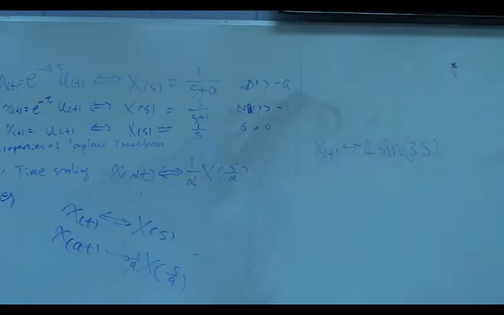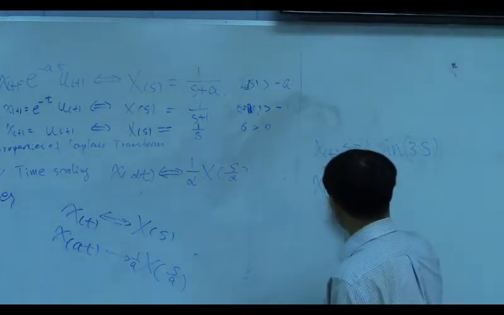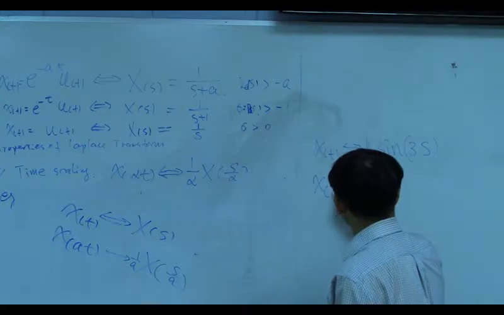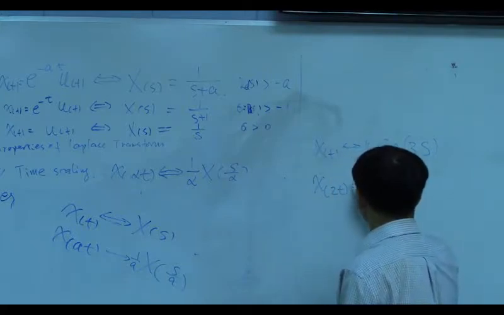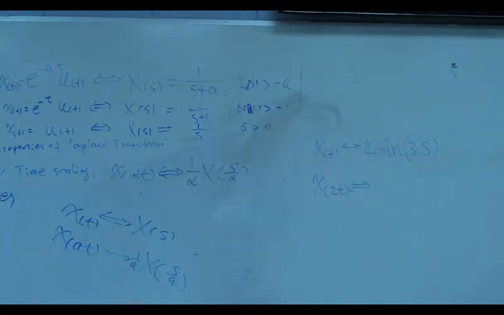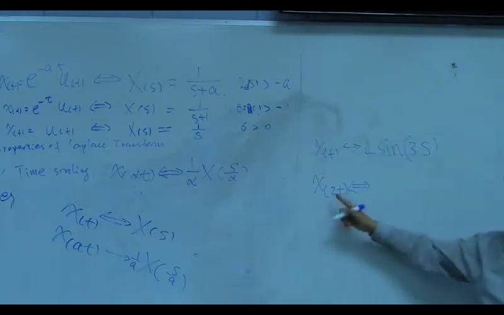Trying to confuse you a little bit more. Then what is this one, x(2t)? What is the Laplace transform of this?